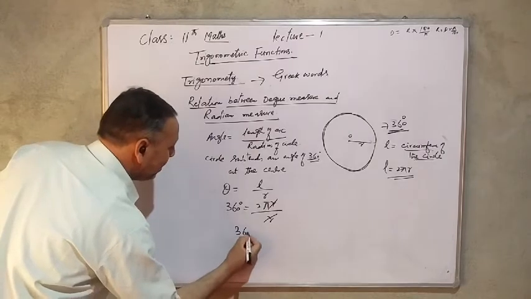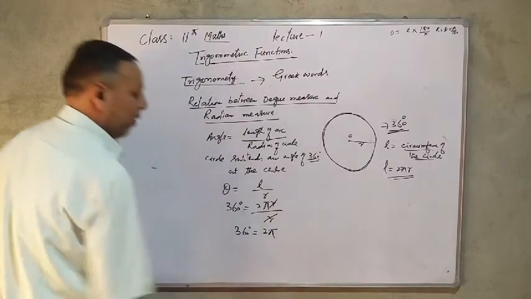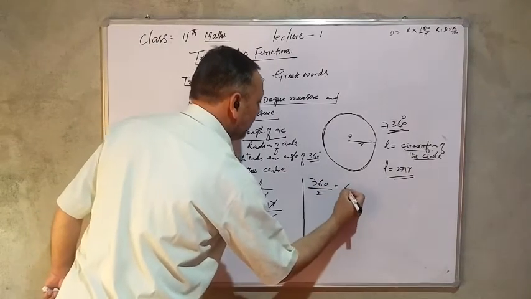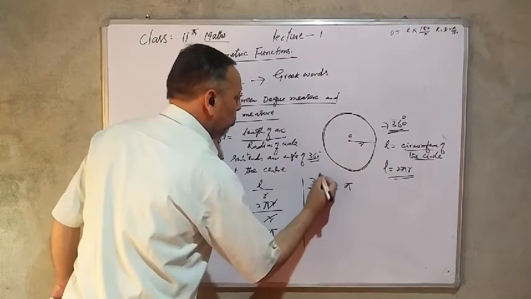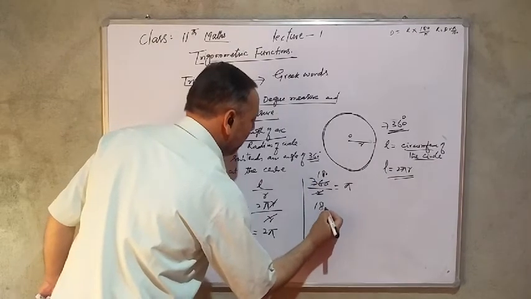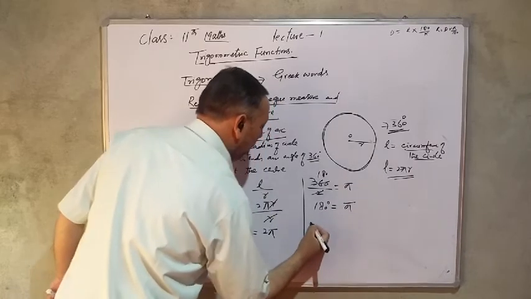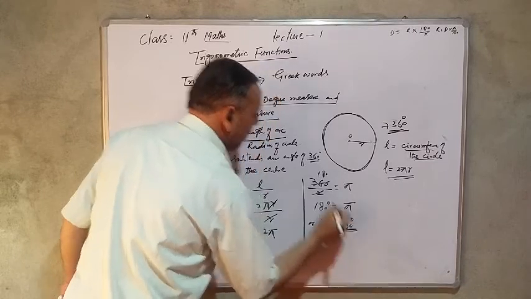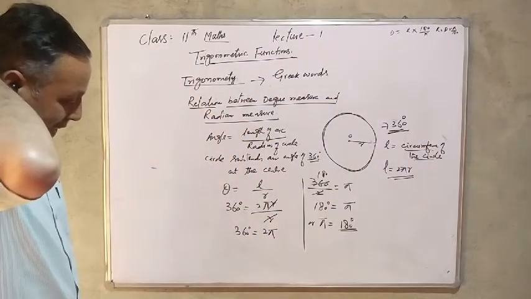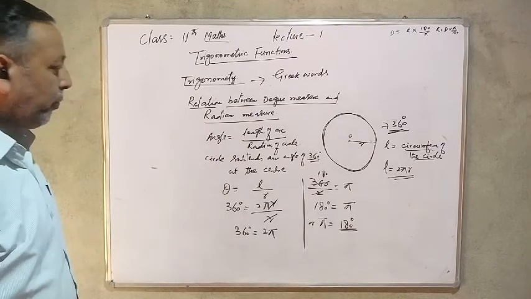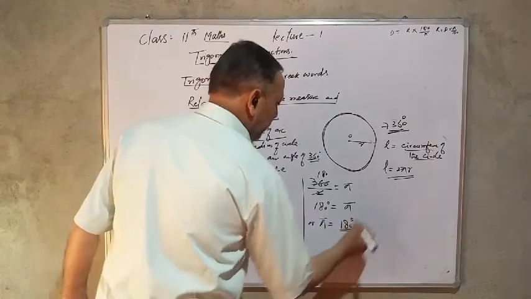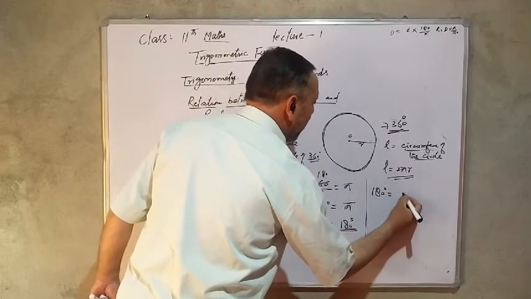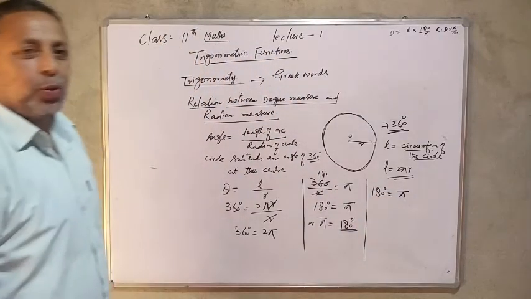That means 360 degree is equal to 2 pi, or 360 divided by 2 is equal to pi, or 180 degree is equal to pi. Pi is equal to 180 degree.